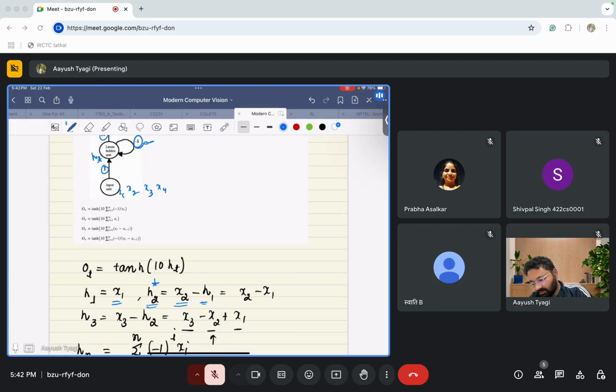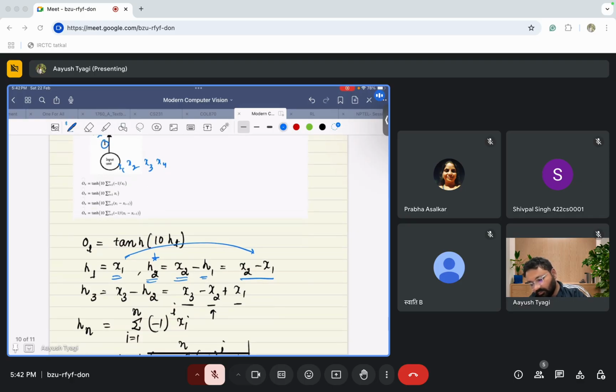You have a multiplication of -1 in this case. If you fill in the value of h1, h2 was x2 minus x1. Similarly, when we go one step ahead, h3 is dependent on x3 minus h2. If you fill in the values, it is x3 minus x2 plus x1, right?